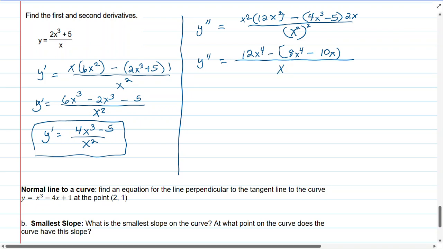A power and a power you multiply. So I'm going to clean it up. When I do 12 minus 8, I should get 4, yeah?